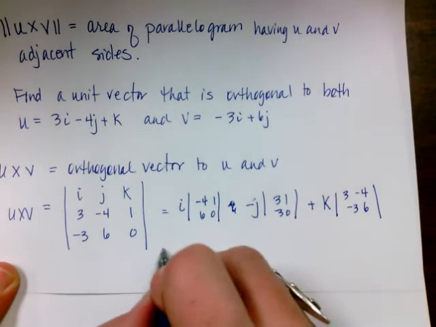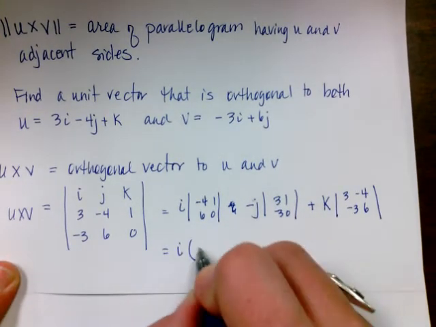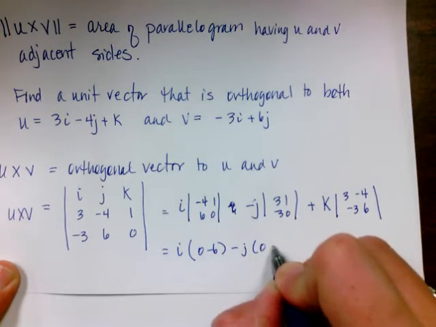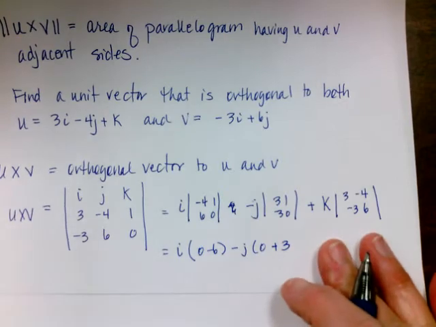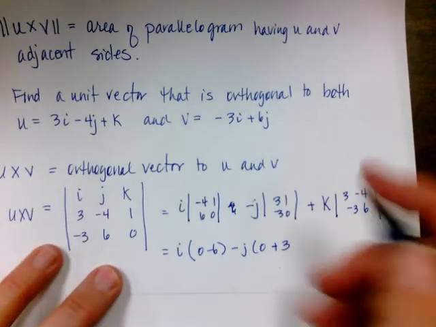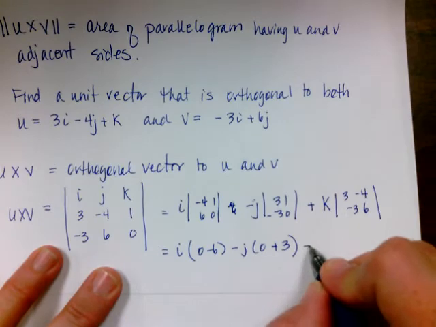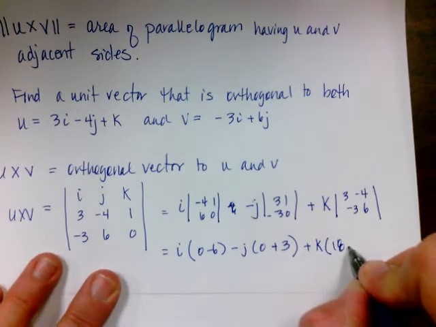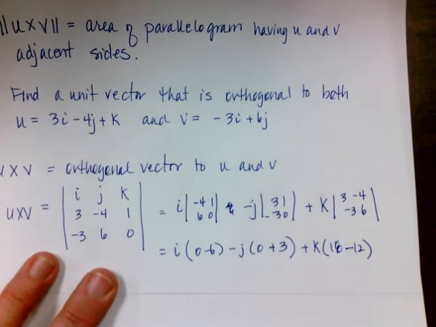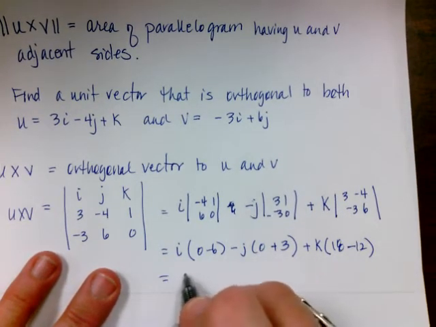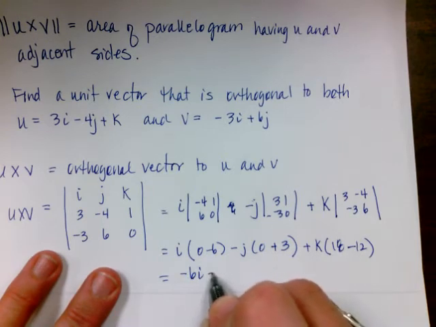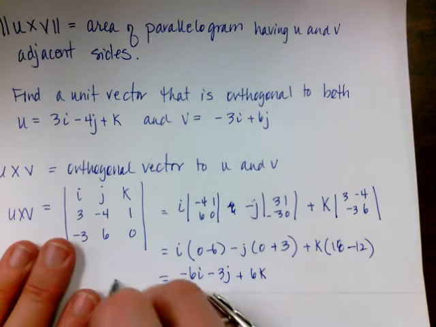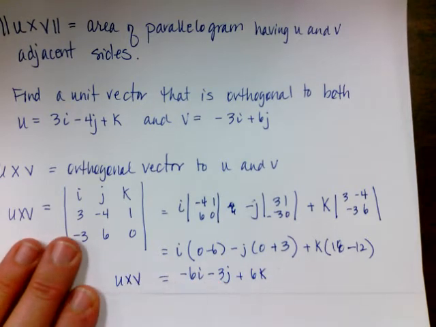Alrighty. If I do that math, it's going to be i times 0 minus 6, minus j times 0 plus 3. Make sure that I wrote it down correctly. I did, because that's a negative. And then plus k times 18 minus 12. Okay, so if I simplify that, now I have negative 6i minus 3j plus 6k. And that's my orthogonal vector.